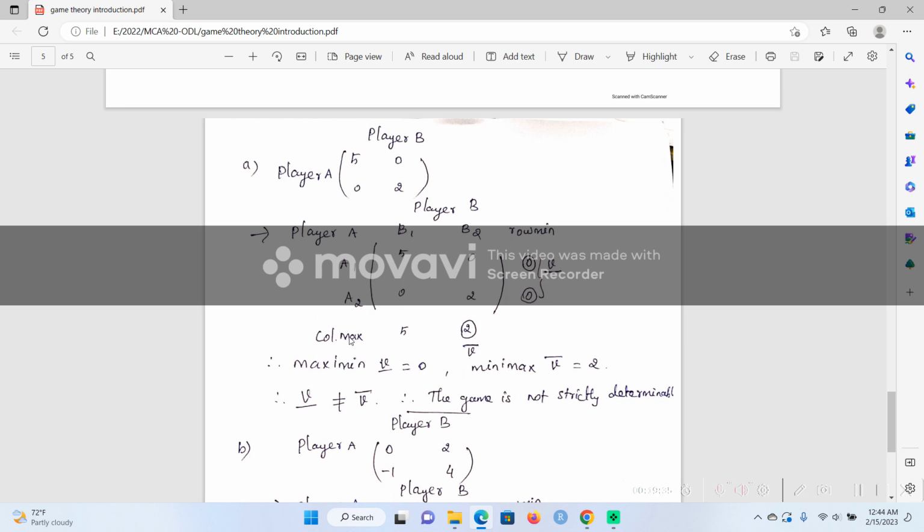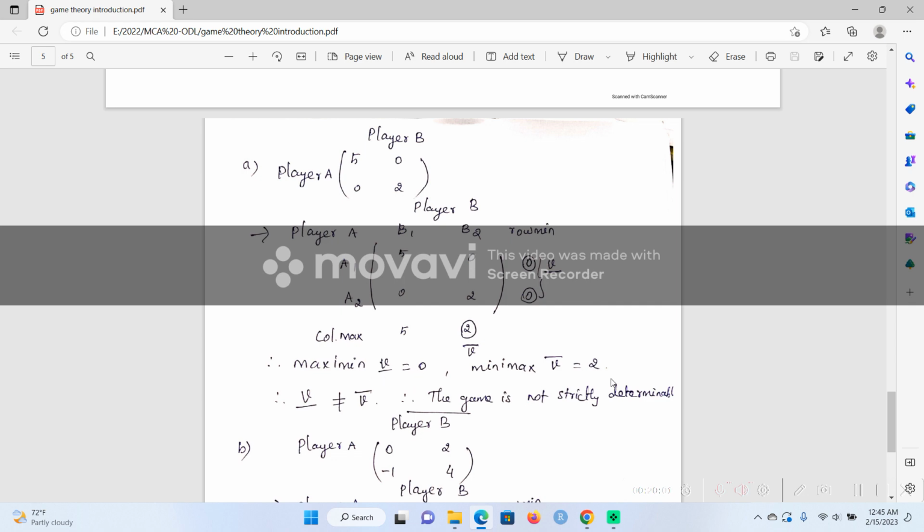And among the maximums we have to find the minimum, which is 2 here. So the maximin is 0 and the minimax is 2.